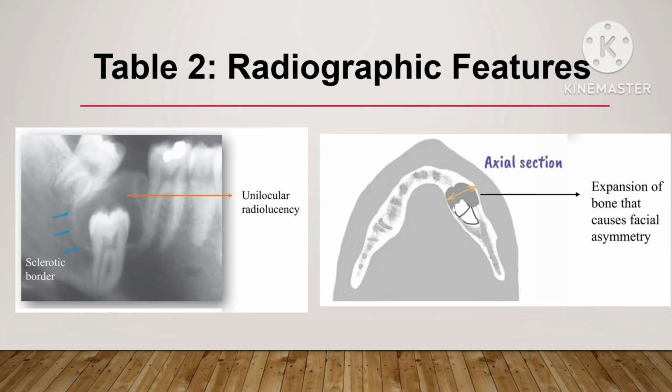A radiographic feature of the dentigerous cyst is a well-defined unilocular radiolucency around the crown of an unerupted tooth. The radiolucency attaches at the cemento-enamel junction of the tooth. Dentigerous cyst also causes expansion of the bone in the mediolateral direction, thus causing facial asymmetry in the patient.